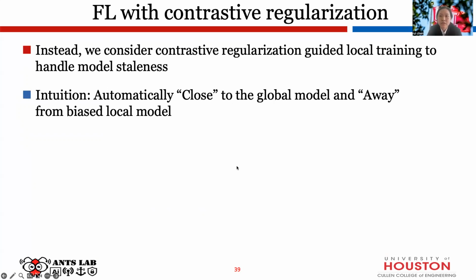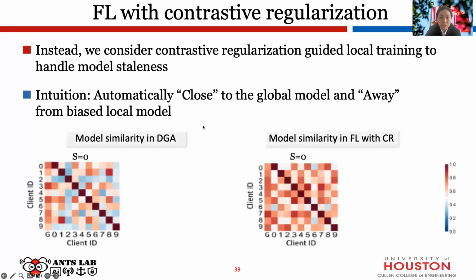And the idea is to introduce a contrastive regularization that can automatically enforce the local model to be closer to the global model and away from the biased local models, so we can restrict the model differences.